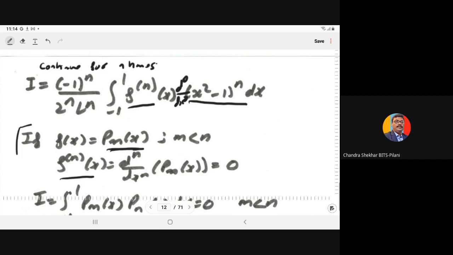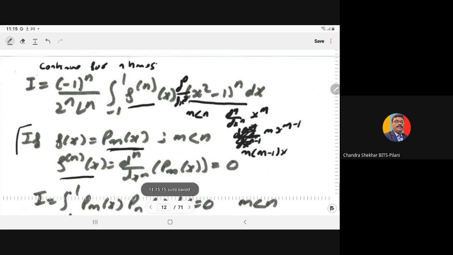So I am saying that if you compute the nth derivative of x to power m, and m is less than n, the first derivative will be m x to power m minus 1. Second derivative is m into m minus 1 x to power m minus 2, right?